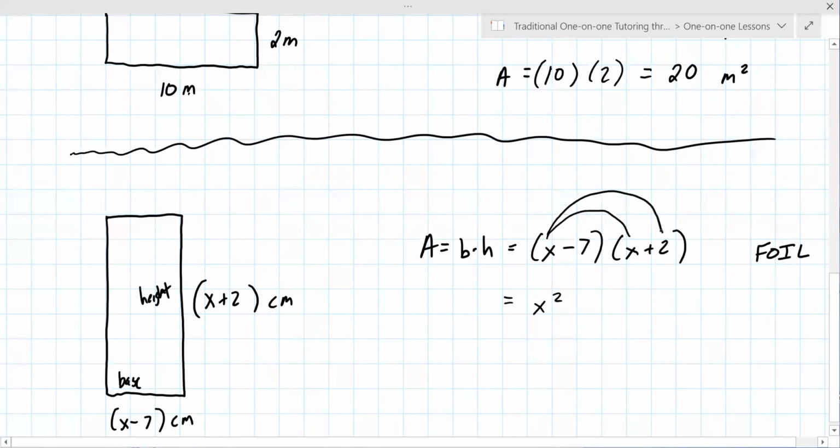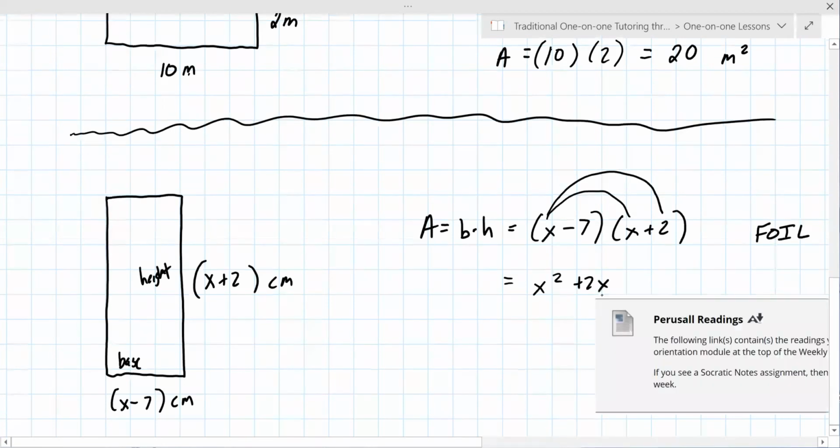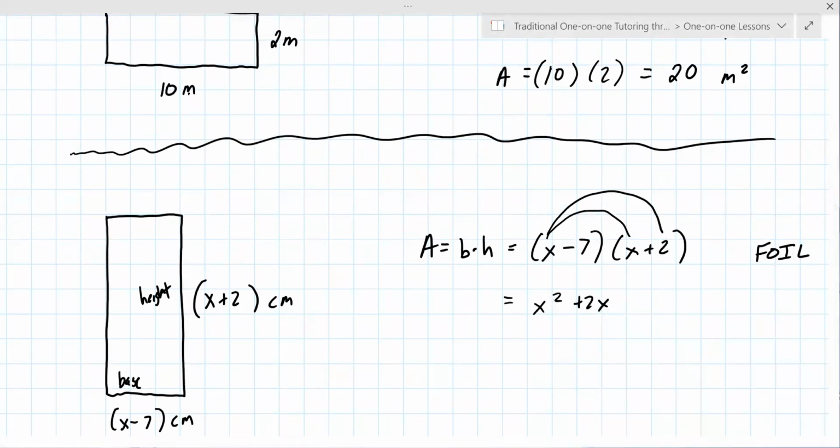How about x times 2? 2x. What about -7 times x? -7x.